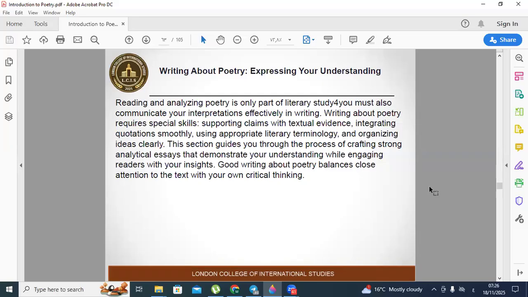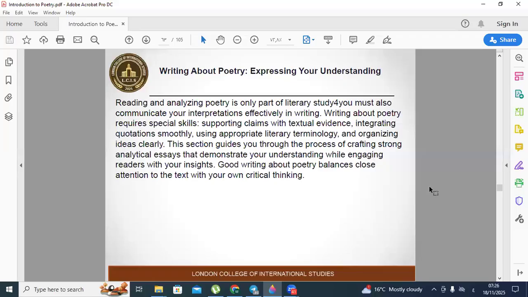This section guides you through the process of crafting strong analytical essays that demonstrate your understanding while engaging readers with your insights. Good writing about poetry balances close attention to the text with your own critical thinking. You're not just summarizing what the poem says, you're making arguments about how it works and what it means.